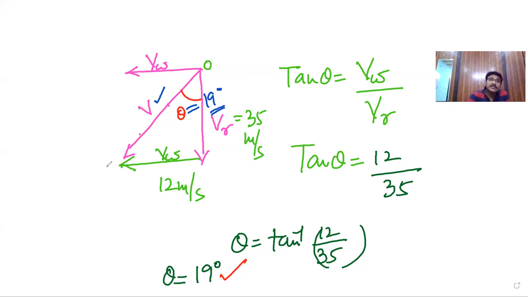Hence, the person, the boy, should hold the umbrella in this direction, 19 degrees to the vertical. This is nothing but the umbrella.